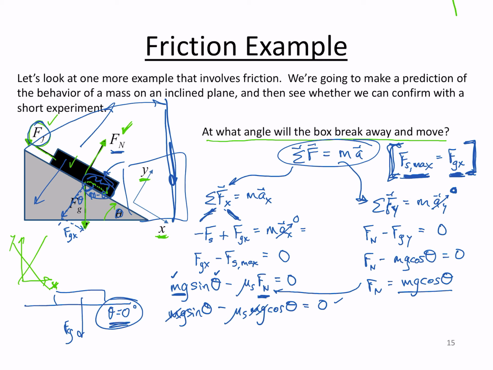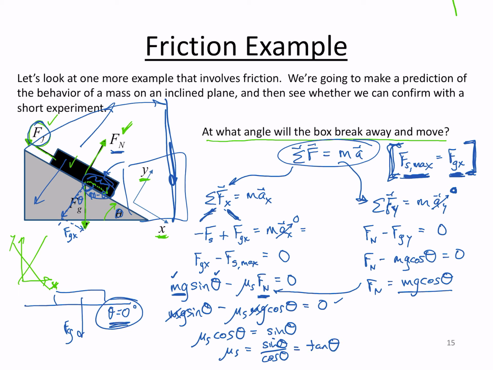Once we've done that, we can move mu s cosine theta to the other side, leaving sine theta by itself, and then we divide both sides by cosine to get the coefficient of static friction all by itself.